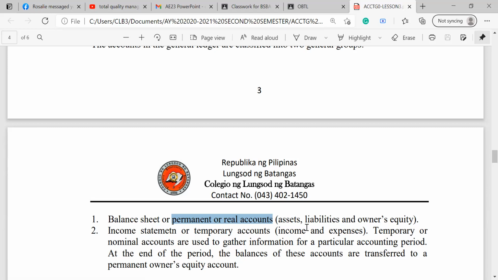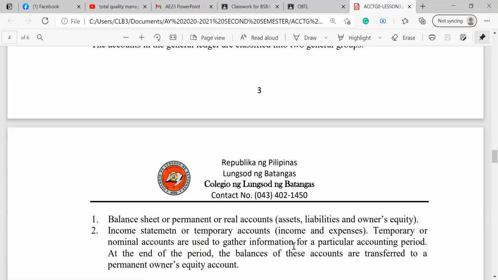Which is different dito sa permanent or real account. Kasi halimbawa, assets yung pinag-uusapan natin. Example ng asset ay cash. Okay? So, kung ang cash nung 2019, natapos yung 2019 na ang cash mo ay 70,000, magsisimula ang 2020 na ang cash mo ay 70,000. Hindi siya magiging zero.